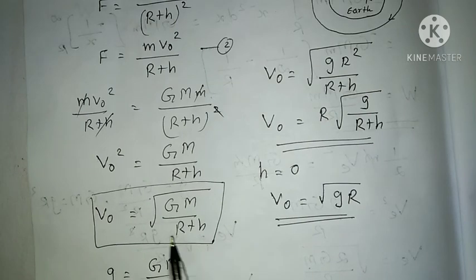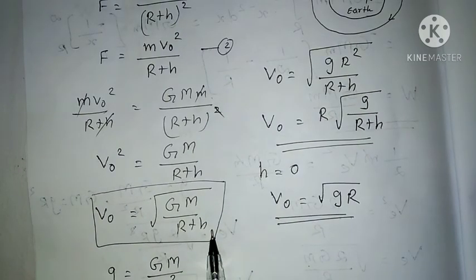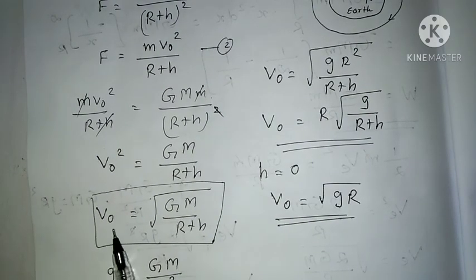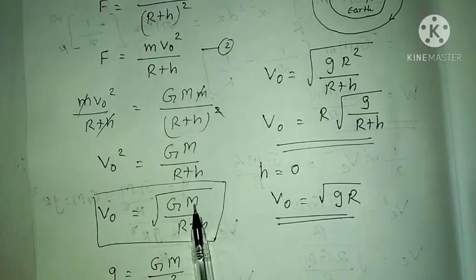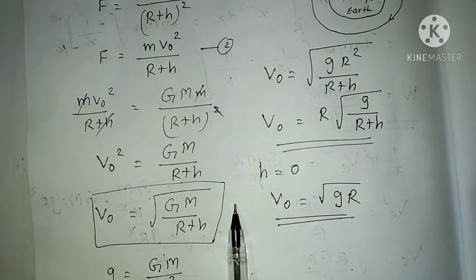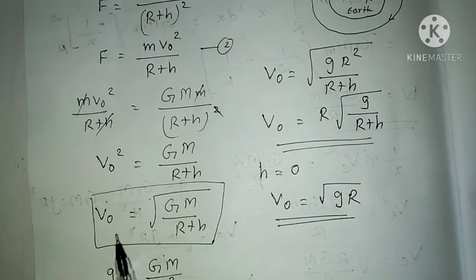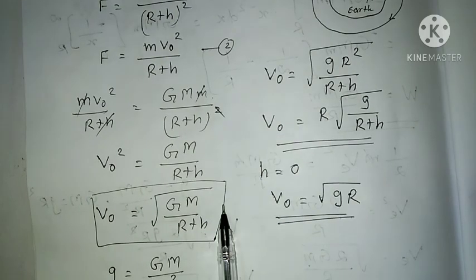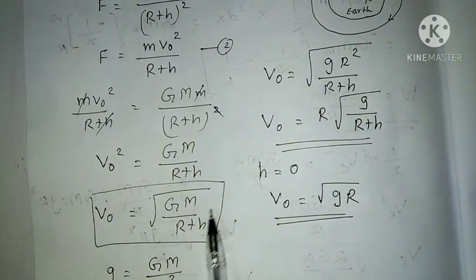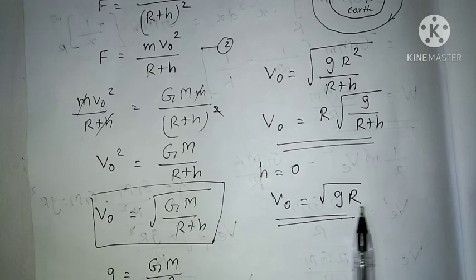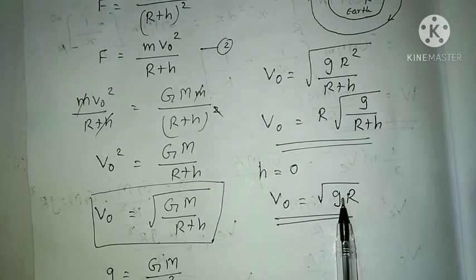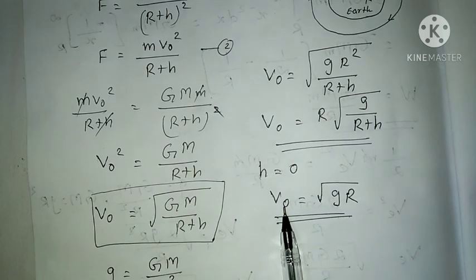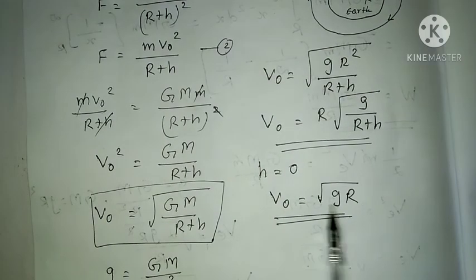That is, v0 is inversely proportional to root of R plus h. And the orbital velocity v0 depends on the mass and radius of the planet about which the satellite revolves. When it is very close to the planet, then v0 equal to root of g R.